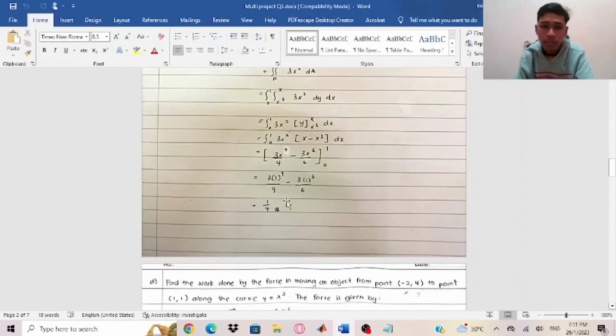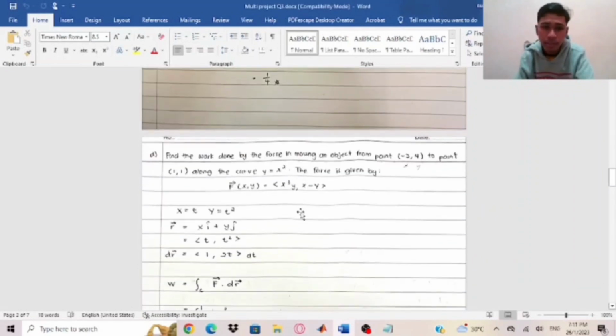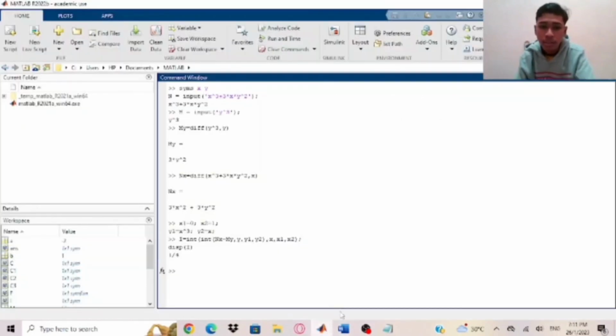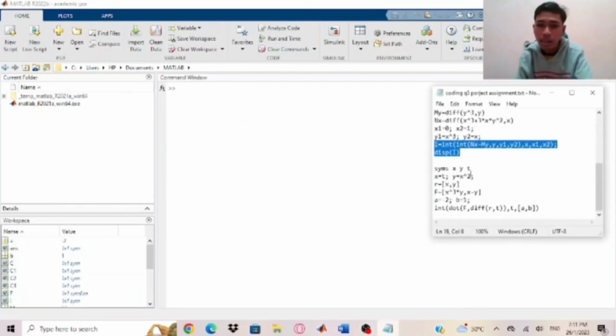Next is question 3D, which is to find the work done by the force. This is the coding for the work done.